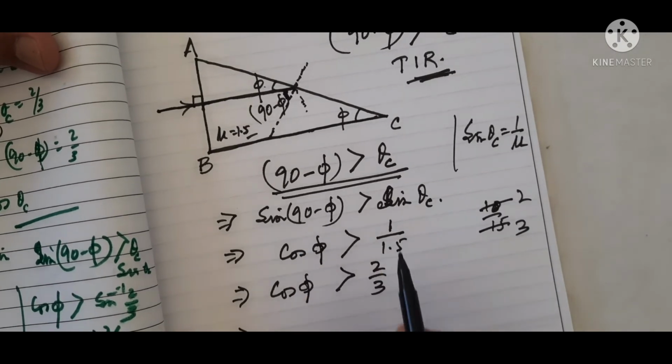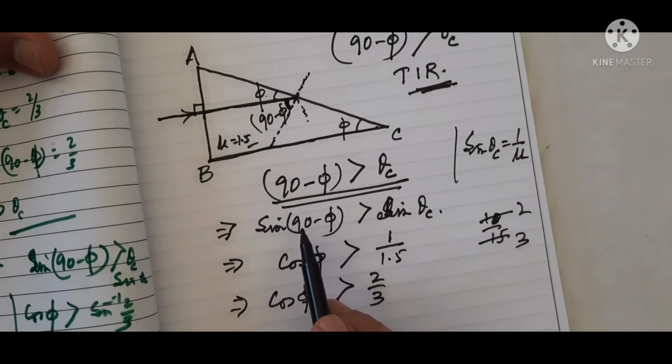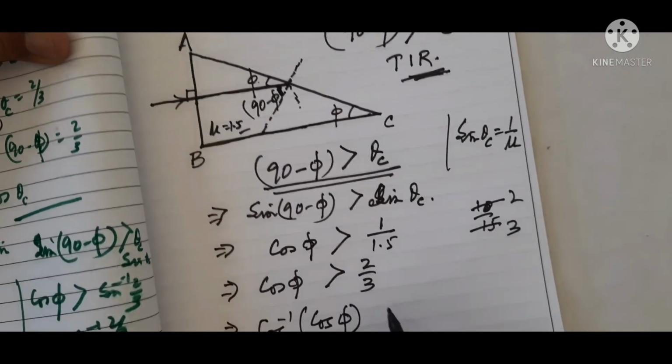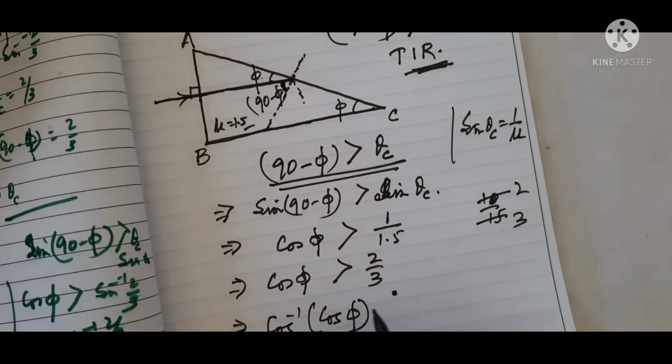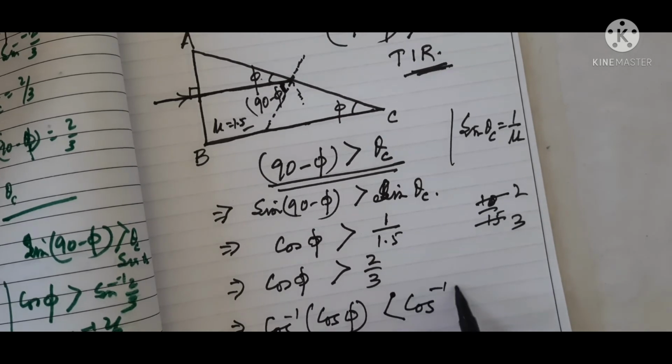This is the sine. If the angle is increasing, the value of sine also increases. But that is not the case for cos. In case of cos, if I take the inverse, मान लो हम इधर cos इनवर्स यूज़ कर रहे हैं, cos inverse of cos phi, then it should be less than cos inverse of 2/3.